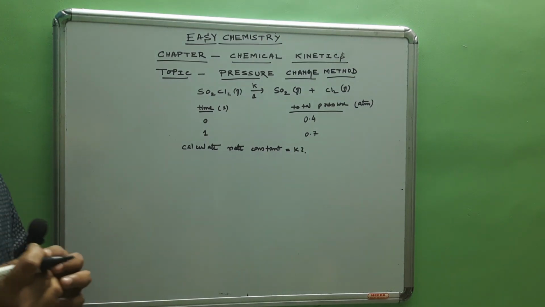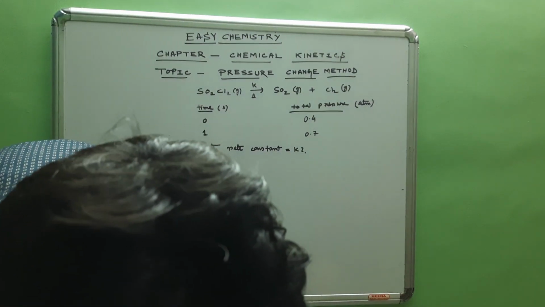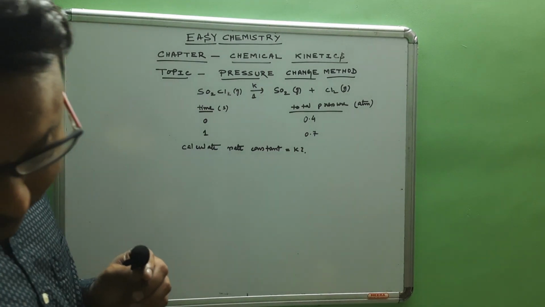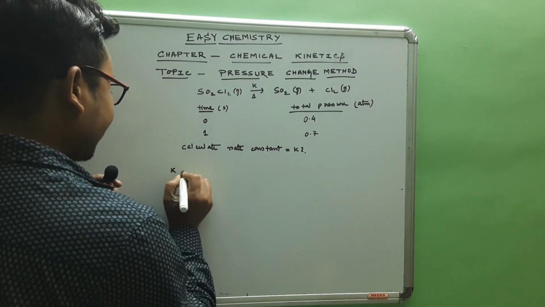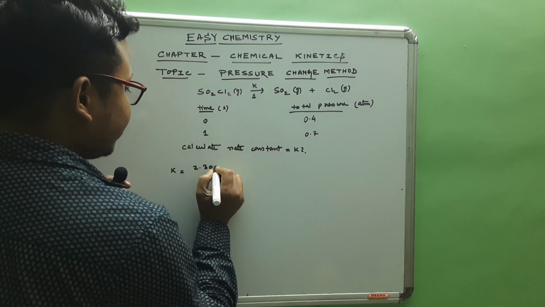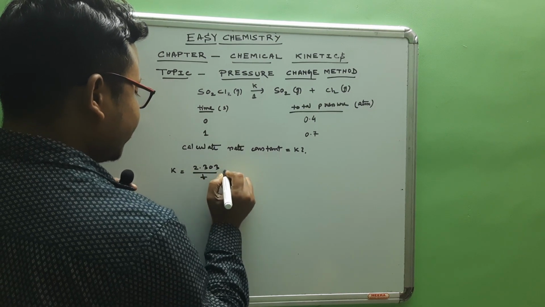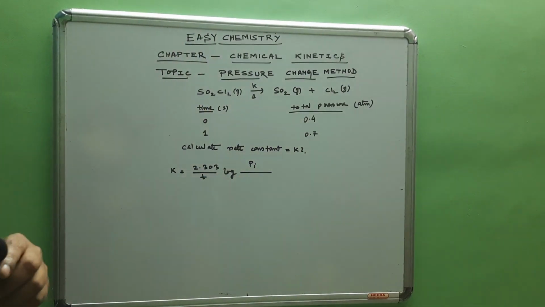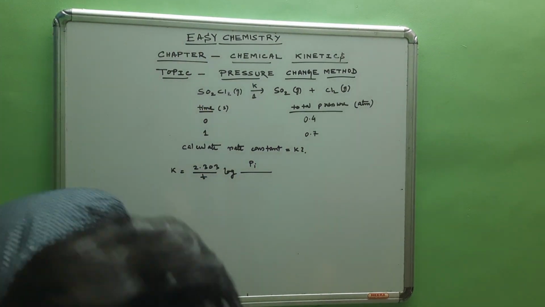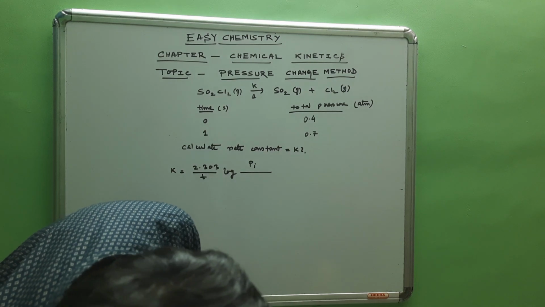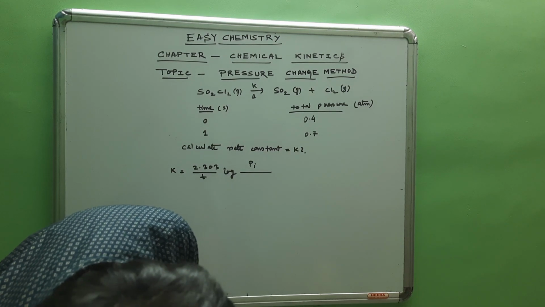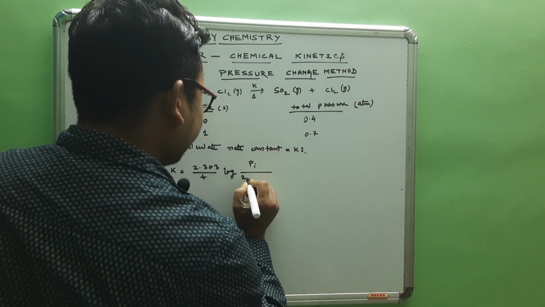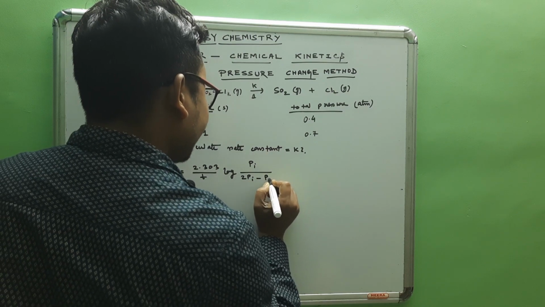It is given the reaction is of first order, and now our task is to derive the rate constant of the equation. So we have K from our previous section. We get K equals 2.303 by t log Pi by 2Pi minus Pt.